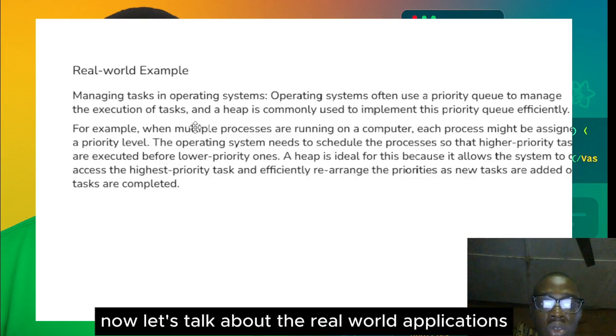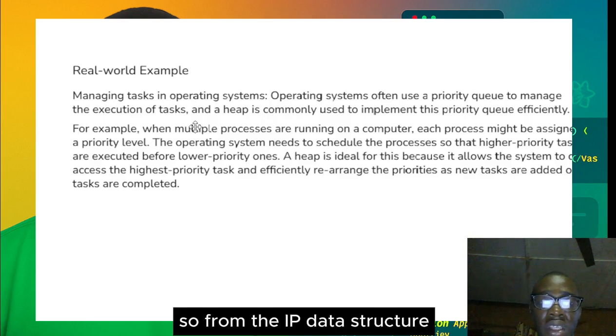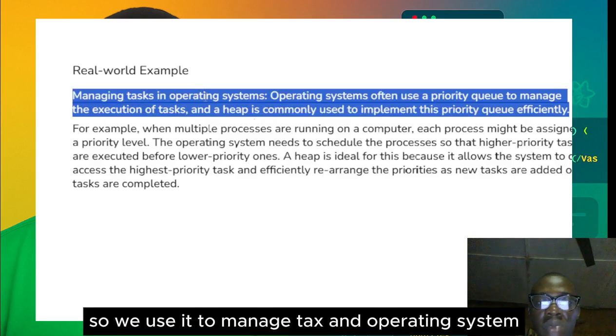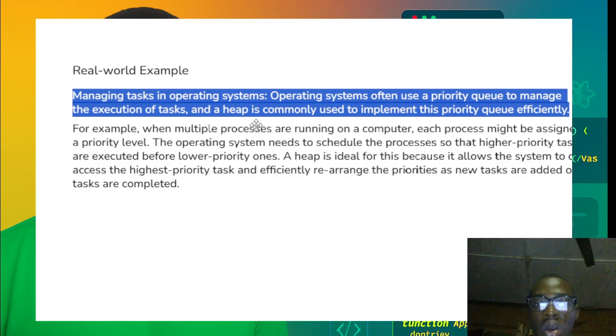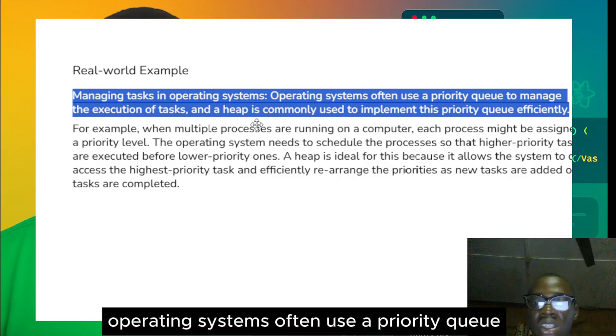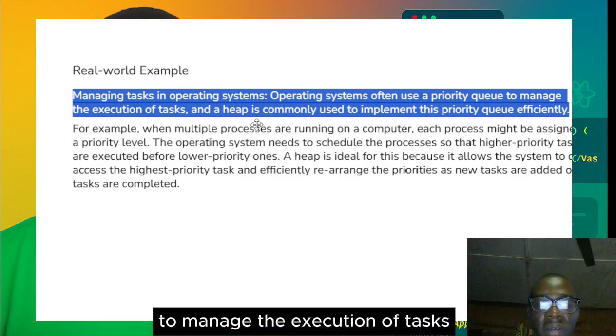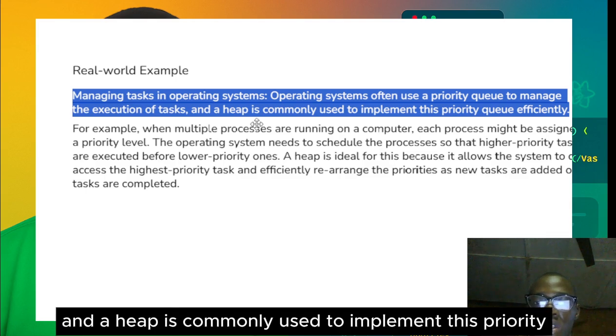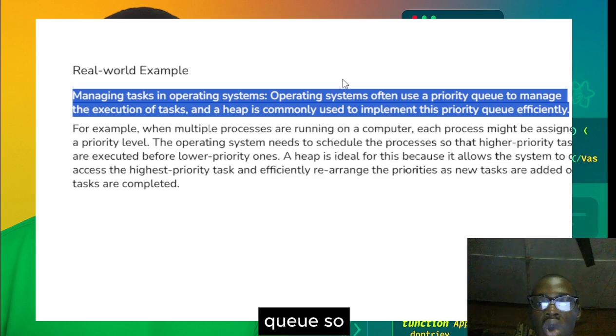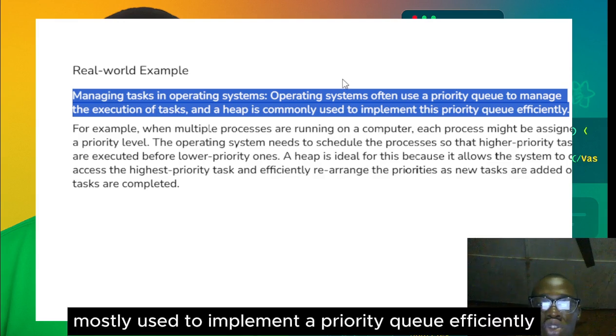Now let's talk about the real applications of the heap data structure. We use it to manage tasks in operating systems. Operating systems often use a priority queue to manage the execution of tasks, and a heap is commonly used to implement this priority queue. So a heap is mostly used to implement a priority queue efficiently.